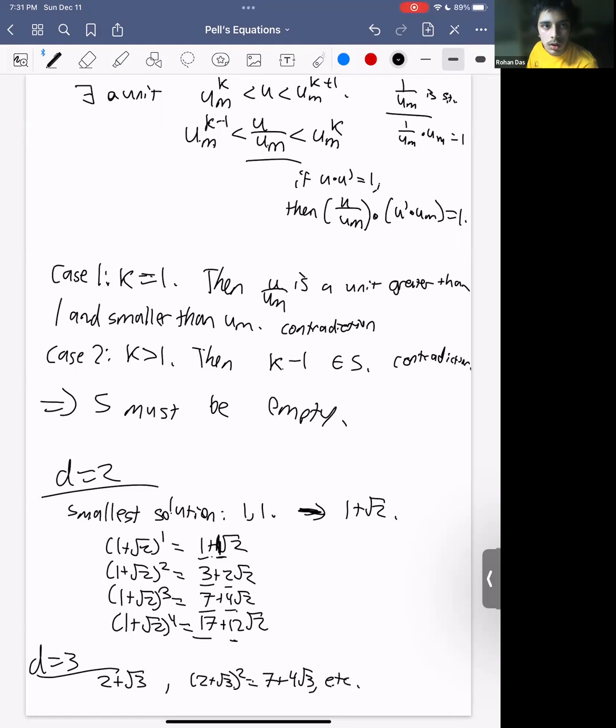And one thing to note is that these give us the solutions for positive a and b. If a equals 0, this gives no solutions, because d times b squared equals plus or minus 1, and we're not working with d equals 1 right now.